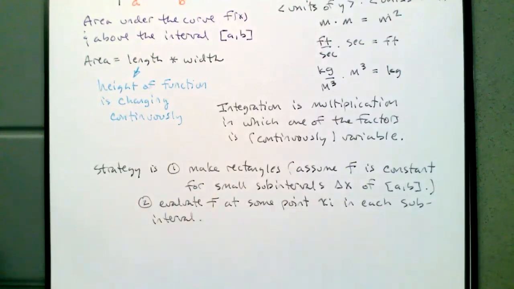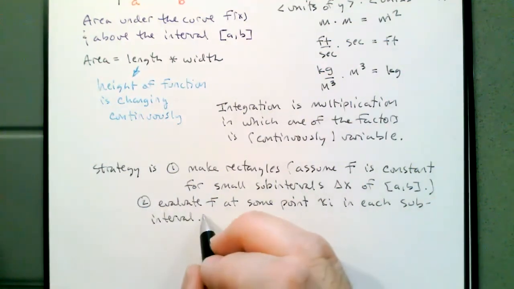So we evaluate f at some point xi in each subinterval to get the height, or to get a length.